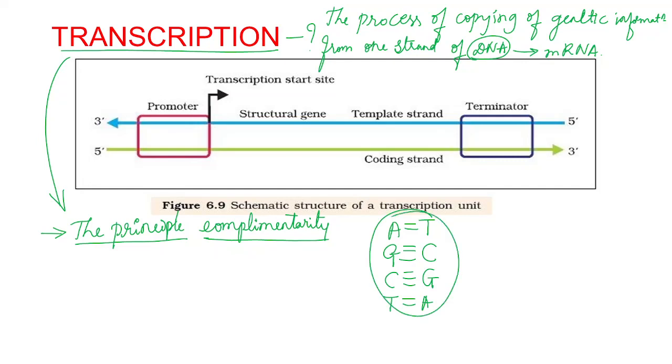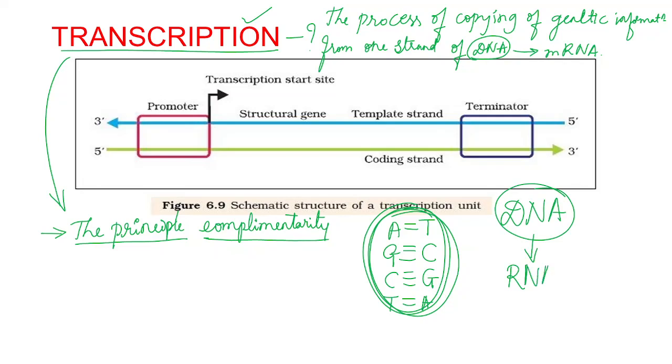And here, in case of transcription, complementary base pairing will be taking place. But the only difference is, since here the information from one strand of the DNA is copied into RNA, instead of A binding to T, A binds with U, because in case of RNA, thymine will not be present, uracil will be present.